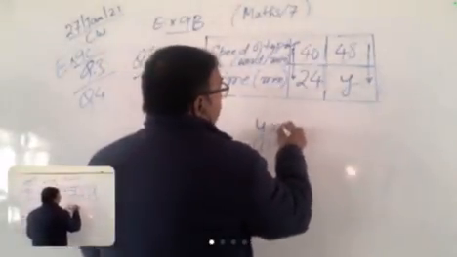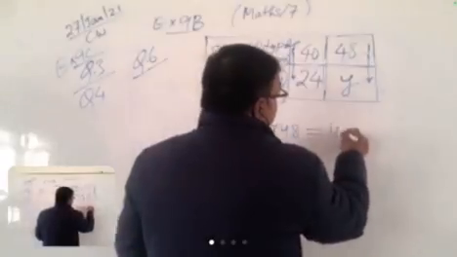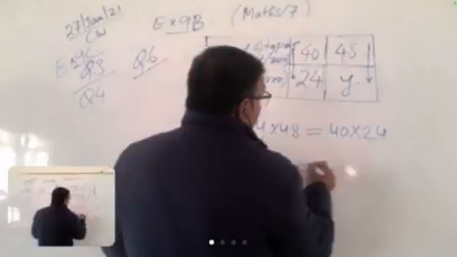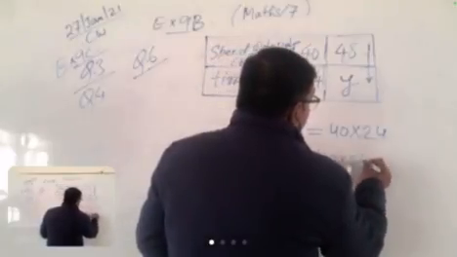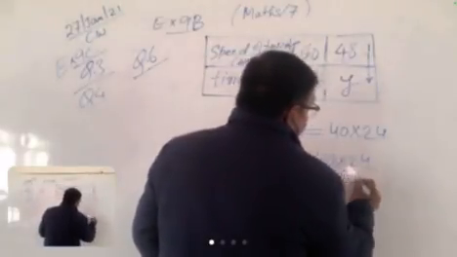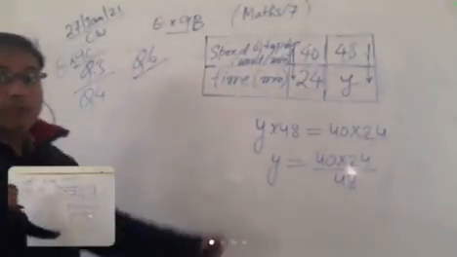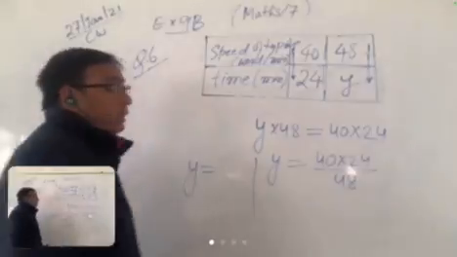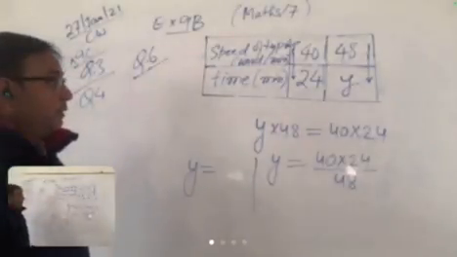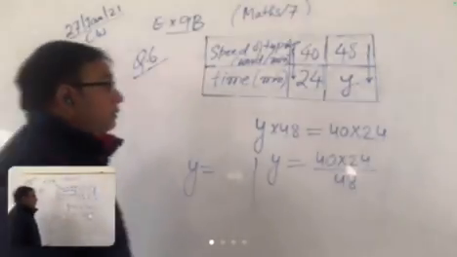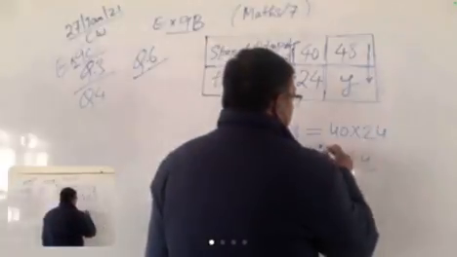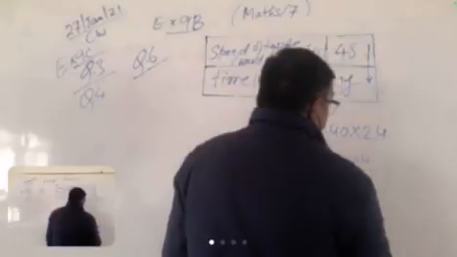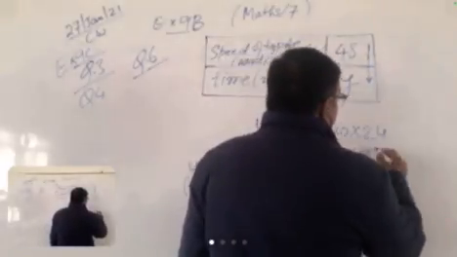y multiplied by 48 is equal to 40 multiplied by 24. So y is equal to 40 multiplied by 24 upon 48. Now solve it and find the answer for y. 8 5s are 40 and 8 6s are 48, and now 6 4s are 24.